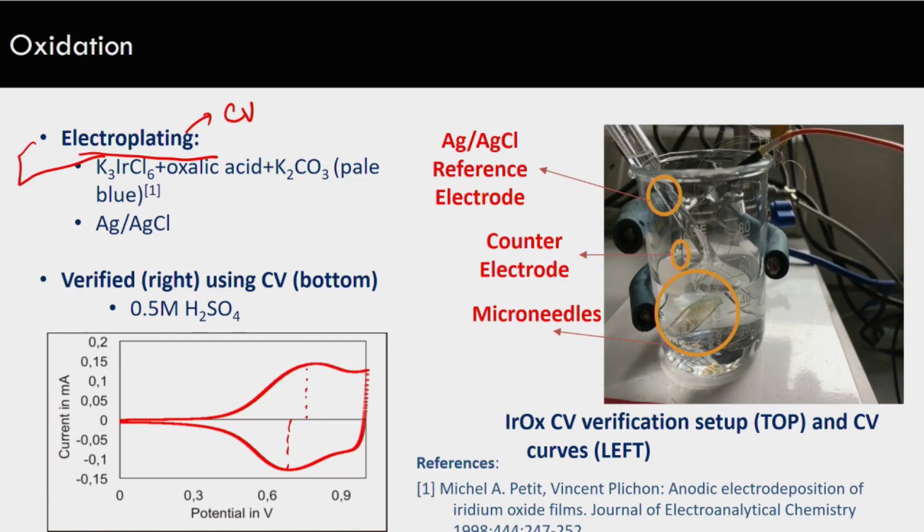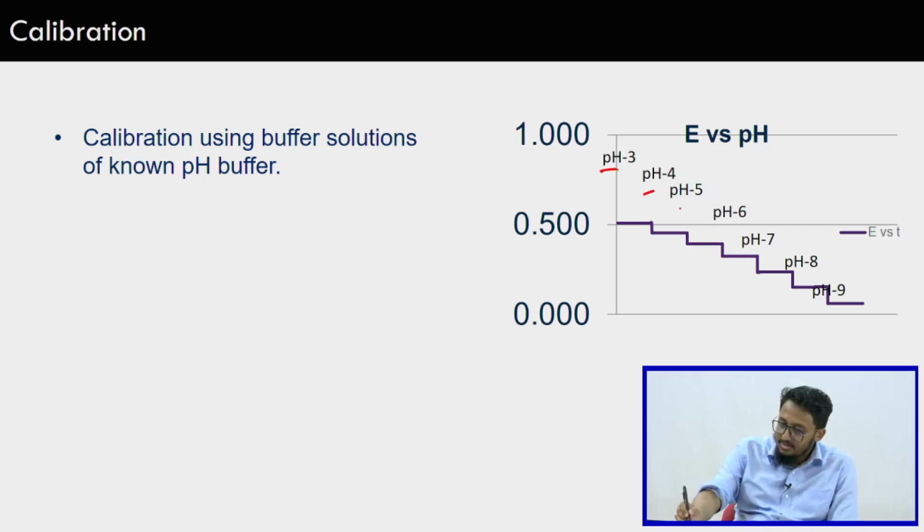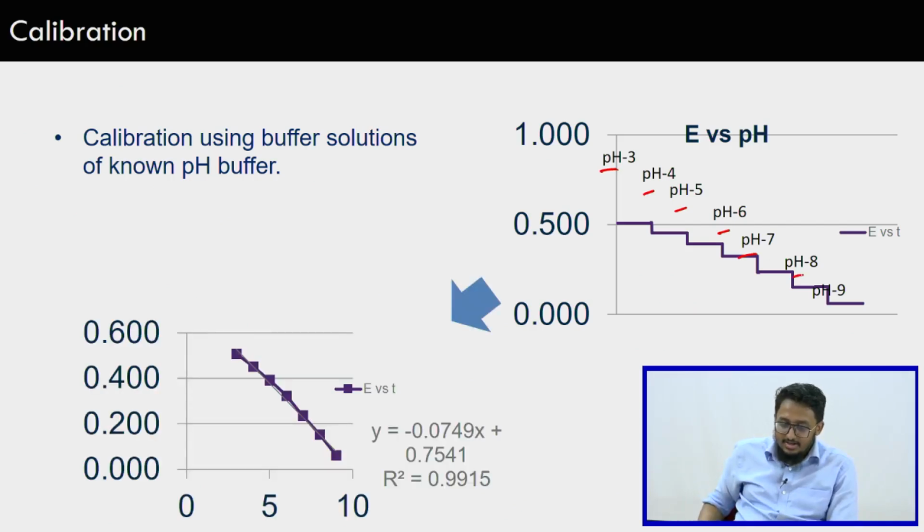And then of course you can calibrate it. You can use different pH buffers to calibrate your sensor and see if your sensor has a linear response. If it is linear, what is the linear range, what is the sensitivity? So sensitivity is around 0.075 volts per pH.